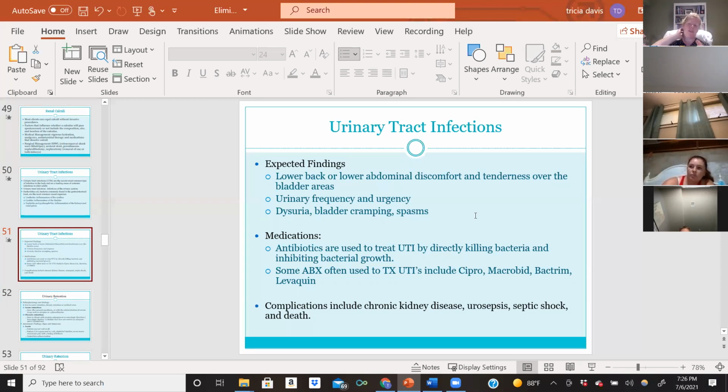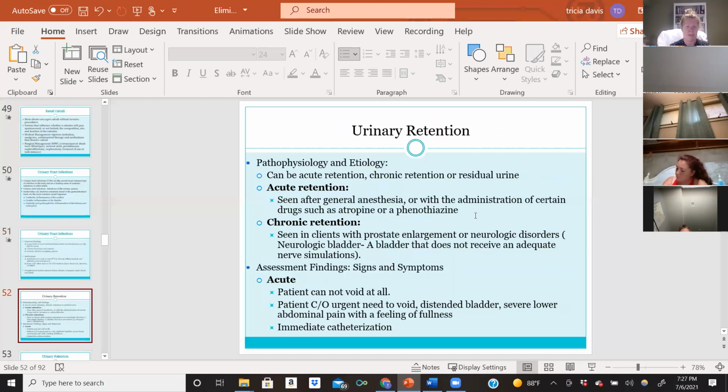That might change a little if you're giving IV antibiotics compared to PO pills. If you're hospitalized for it, you're going to be getting IV antibiotics, and then they will switch you over to oral to send you home. Complications of an untreated UTI can be chronic kidney disease, urosepsis, septic shock, and then, of course, death.